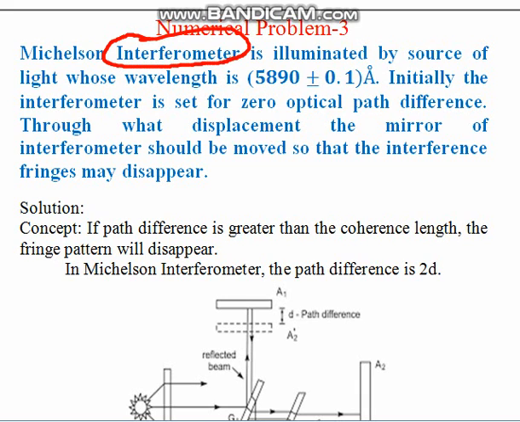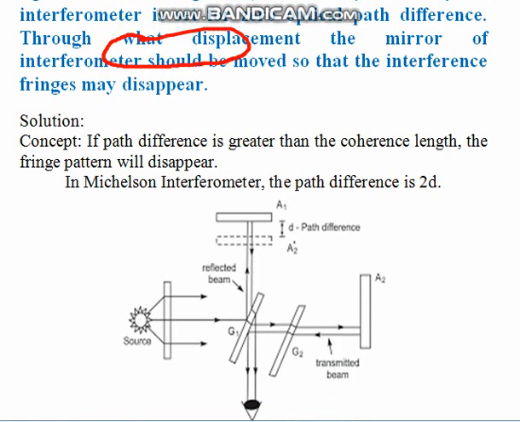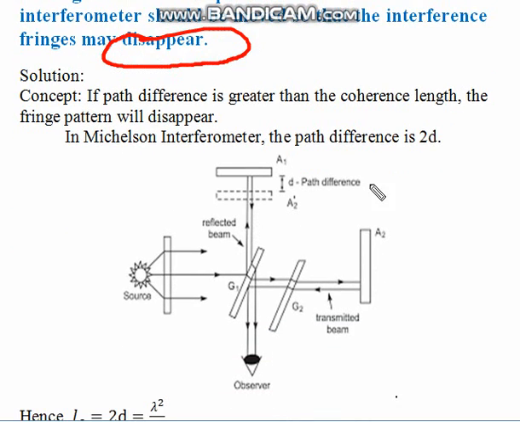Now let's see. This is the interferometer. There is a mirror 1 and a mirror 2, and these two lengths are equal. The observer is here, both lengths are equal, and the two rays reach the observer and produce the interference pattern.